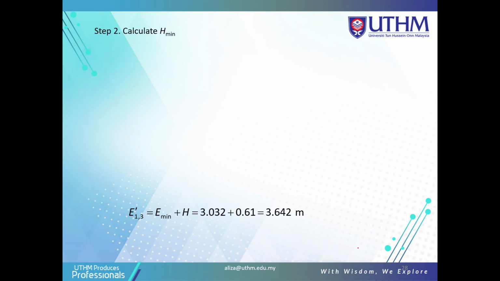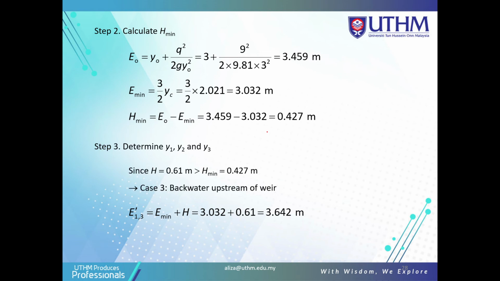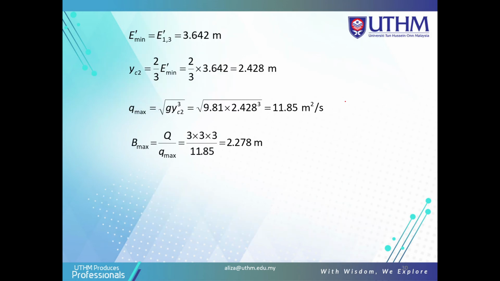Then use step 2 here to get the H minimum. H minimum is E naught or E minimum, so determine Y1 and Y2 and just put in all the values until you get here. And this is just a sketch.